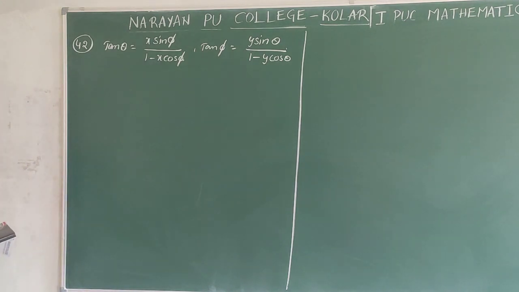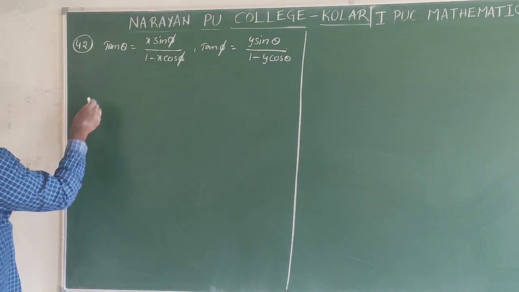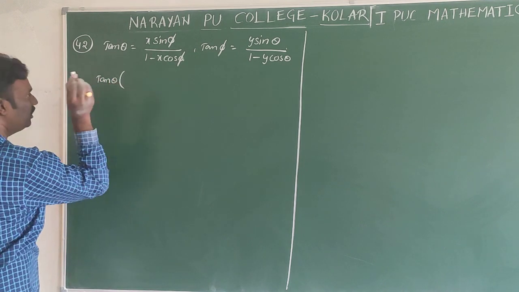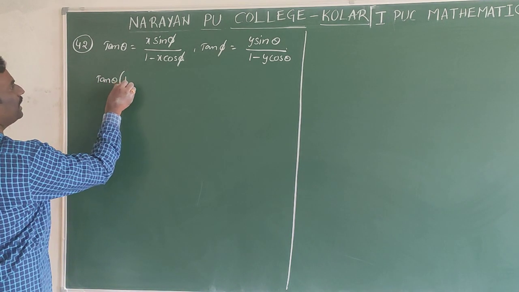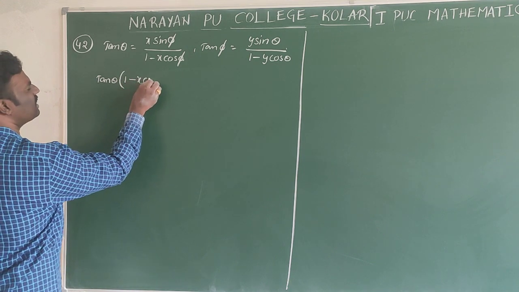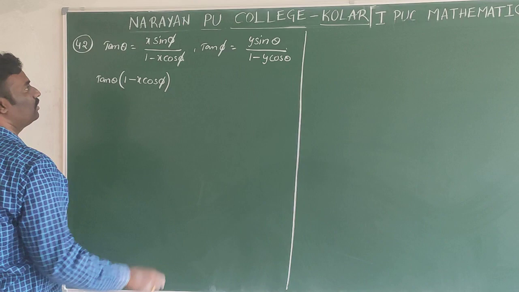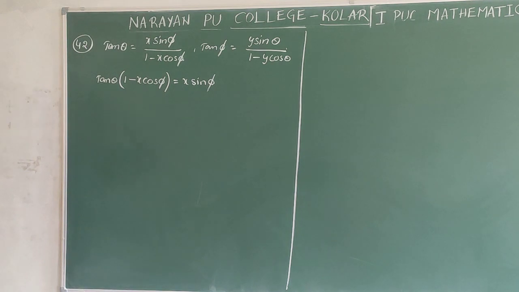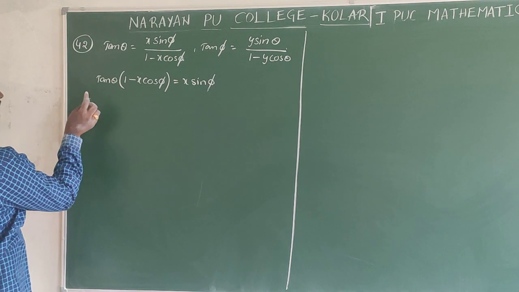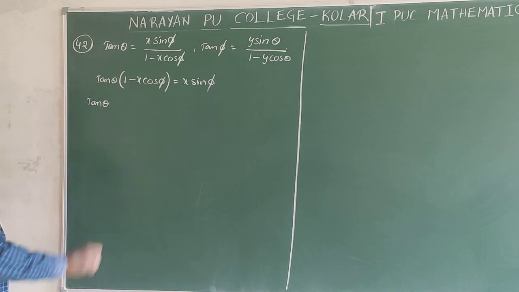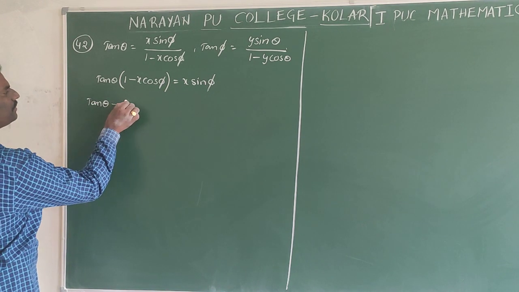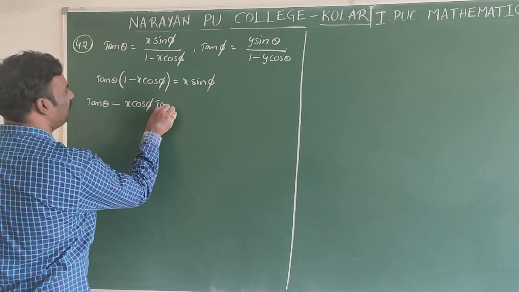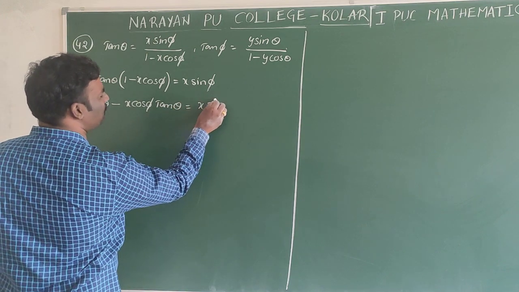Okay, now I am taking the first one: tan theta into 1 minus x cos phi is equal to x sin phi. Now you can write tan theta into 1, that is tan theta, minus x cos phi into tan theta, that is equal to x sin phi.